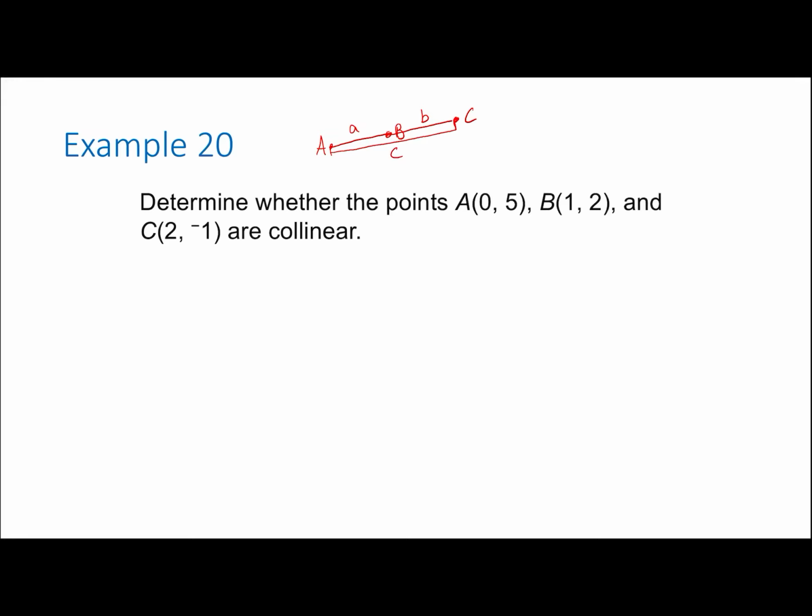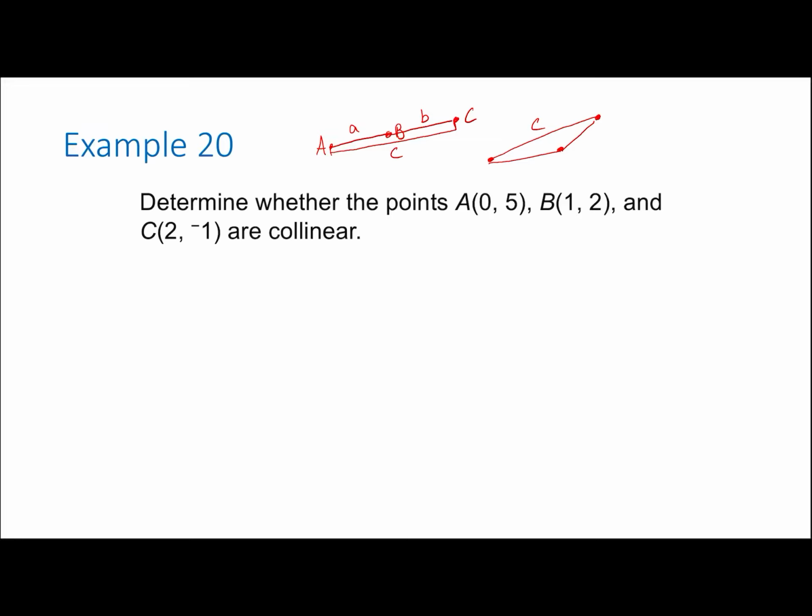And so if we can show that a plus b equals c, then we know they're all on the same line. If we happen to have A here, B here, and then C up here somewhere, well then this length of this little c that we're talking about has to be shorter than a plus b.